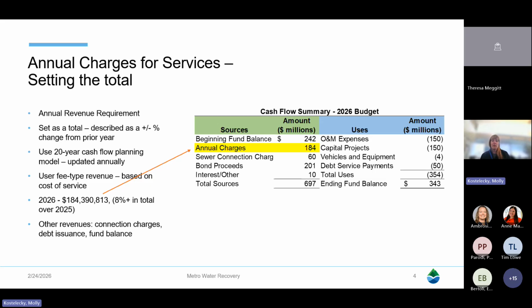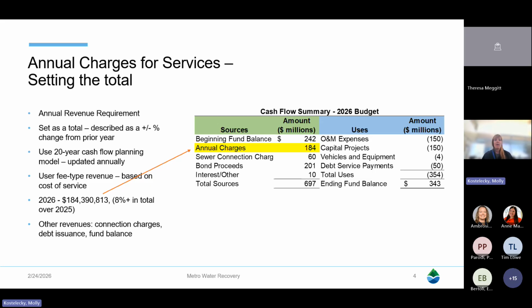Our annual charges are described as a percentage increase from the prior year. So I will say our annual charges increased 8%, or they are increasing 5%, or that sort of thing. We're setting it based on the look back to the prior year's total, and using that percentage as kind of an indicator of how these things are changing over time.